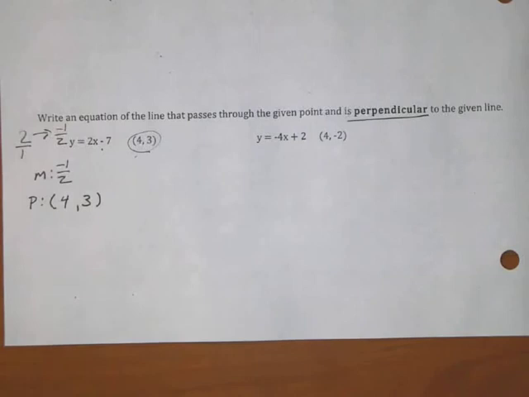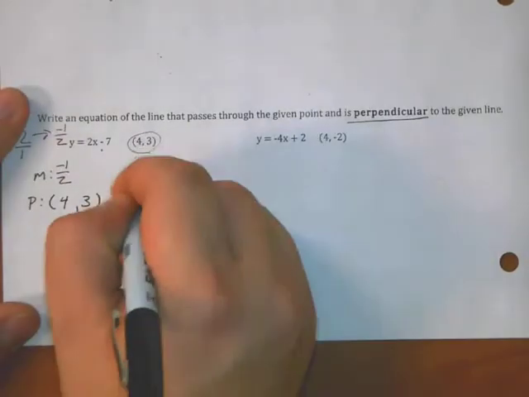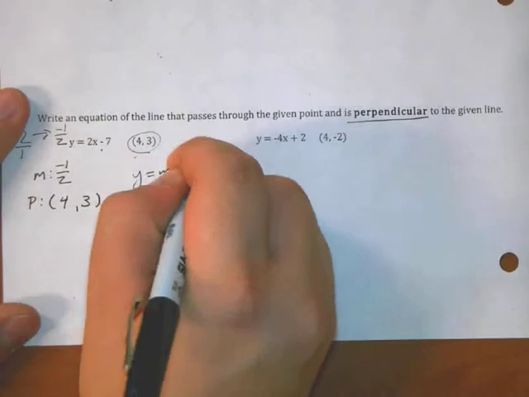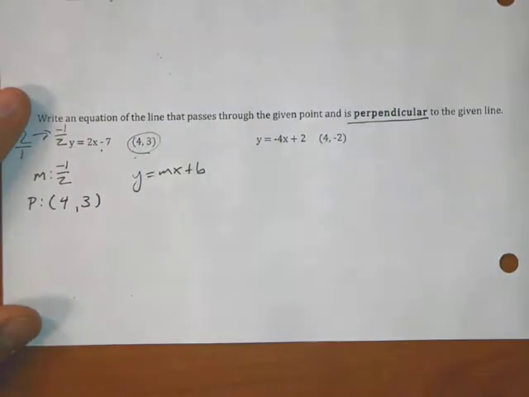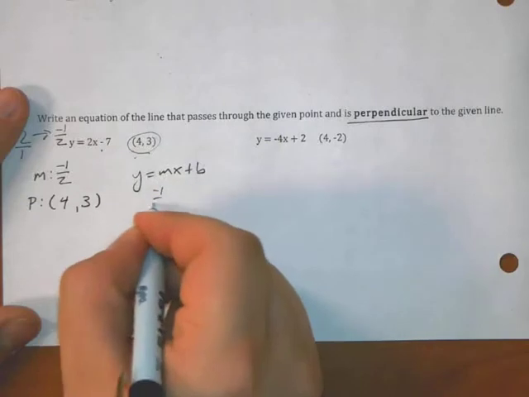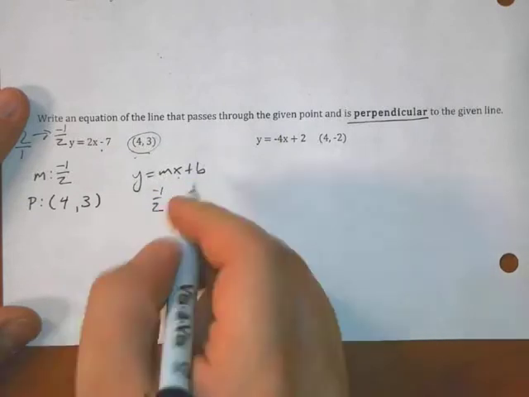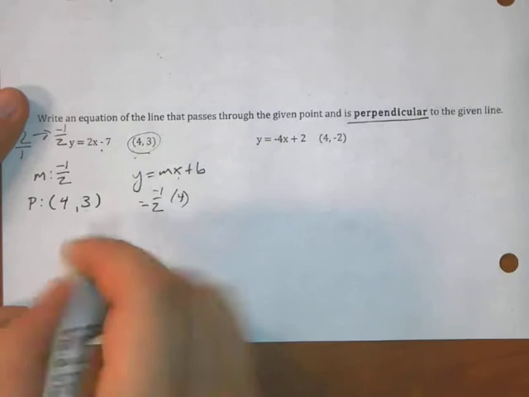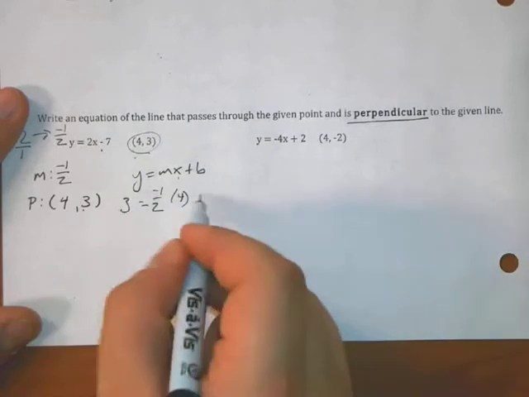Now that you know the slope and you know a point, everything else is identical to what we just did. It's the same thing. y equals mx plus b. m is -1/2. x is 4. y is 3.